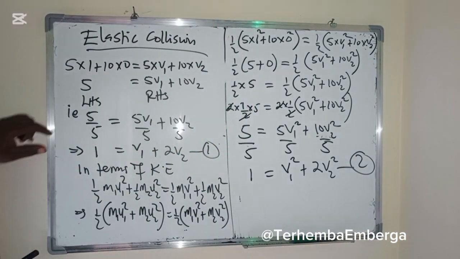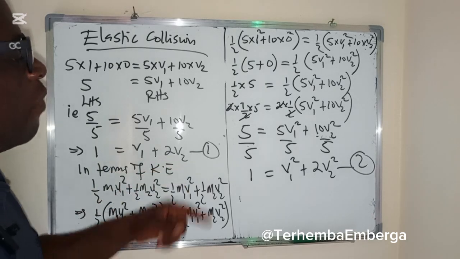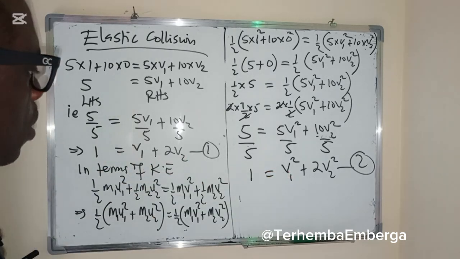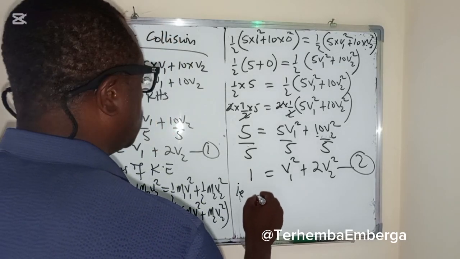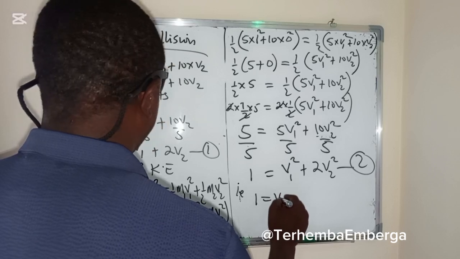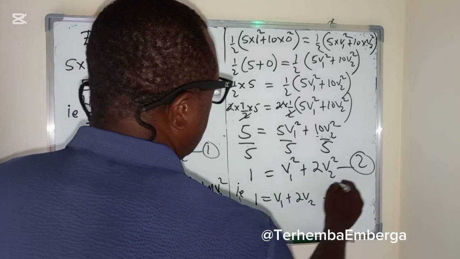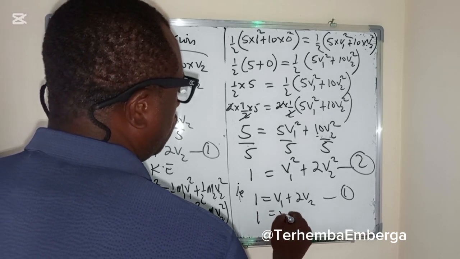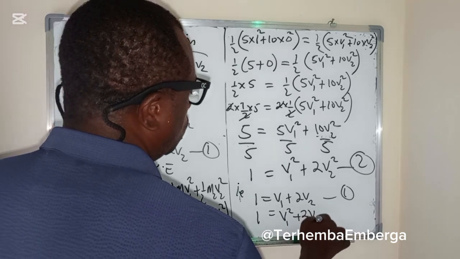So we have two equations here to solve. And what are we solving for? v1 and v2. We have two unknowns in these two equations. Equation 1 is 1 equal to v1 plus 2v2, and equation 2 is 1 equal to v1 squared plus 2v2 squared.